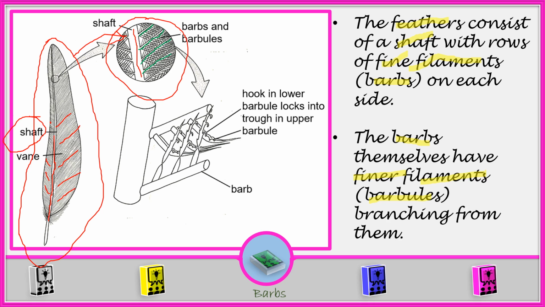Now, those barbs also have finer filaments, and those finer filaments are what we are calling the barbules. Those ones that are coming off from the barbs are the barbules. Those small fine filaments are attached to the barbs.